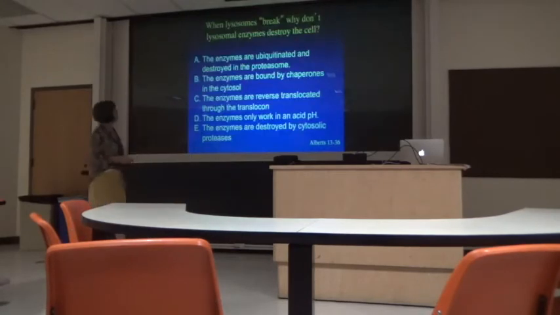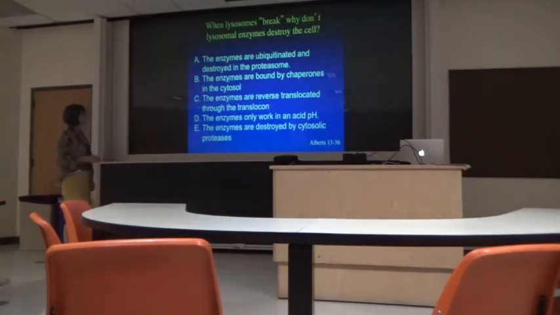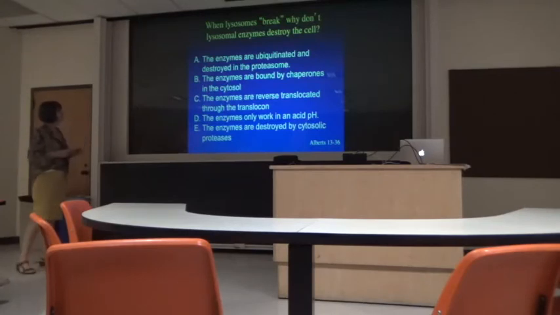Okay, so let's go to a clicker question then, as we consider this. Any organelle can break down, and when an organelle needs to be broken down for turnover in a cell, when lysosomes break, so when they spill their contents, why don't the lysosomal enzymes destroy the cell?